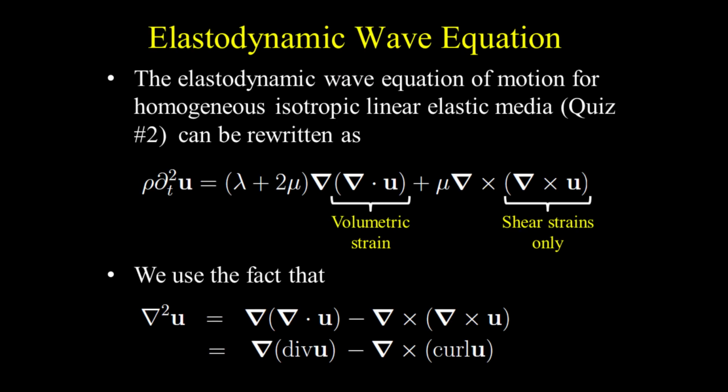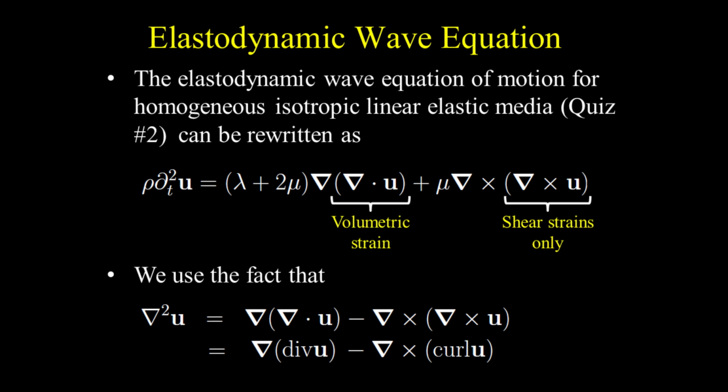The elastodynamic wave equation of motion for homogeneous isotropic linear elastic media obtained in the previous quiz can be rewritten to highlight the volumetric deformations, that is, P wave, and the change of shape through shear strain, that is, S wave.